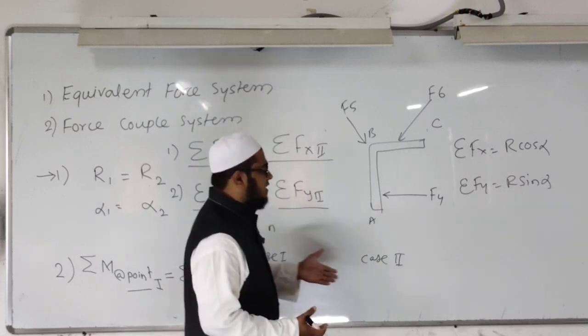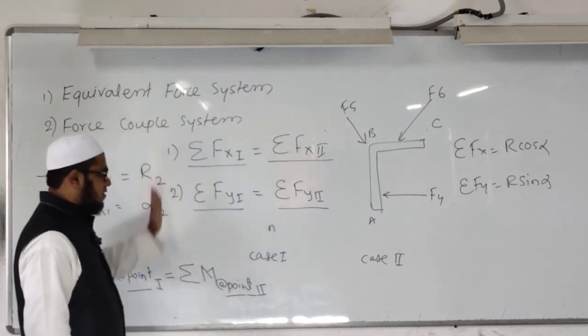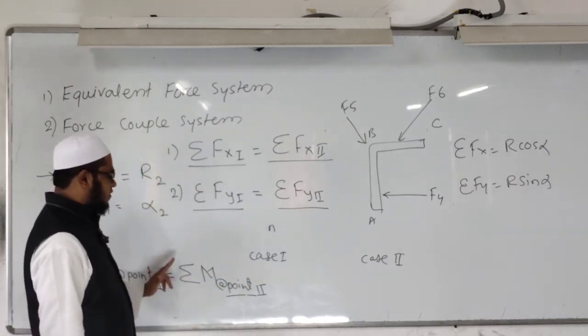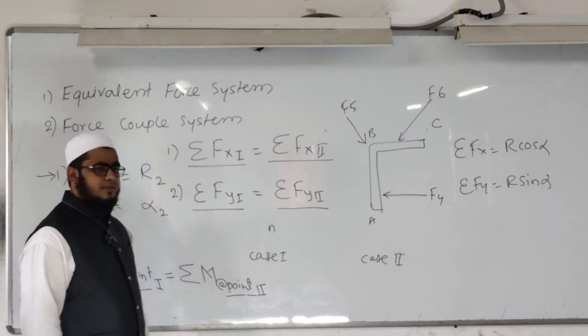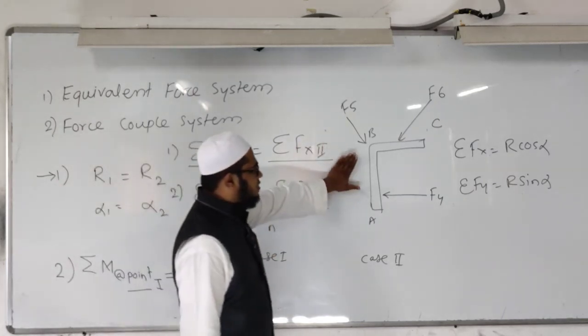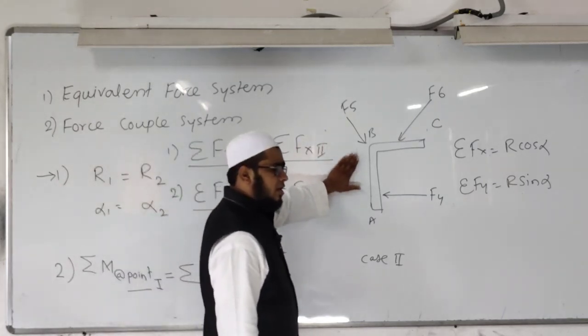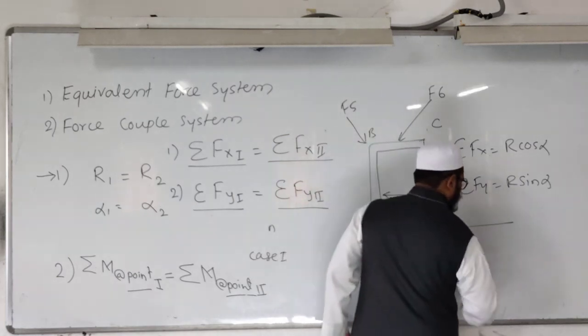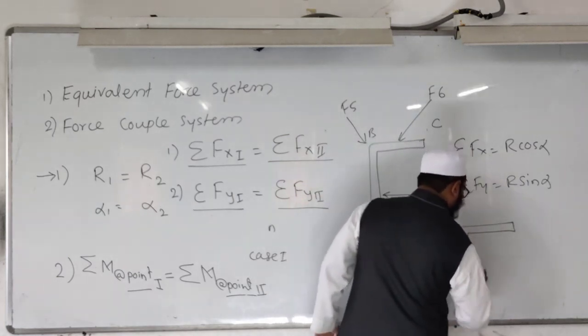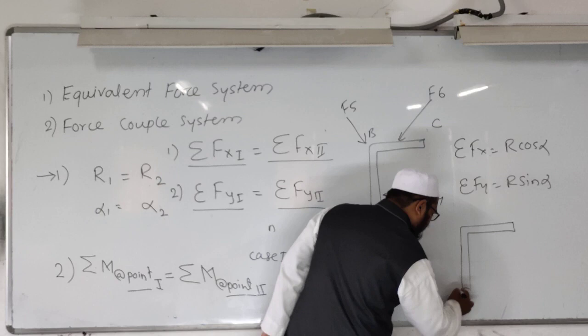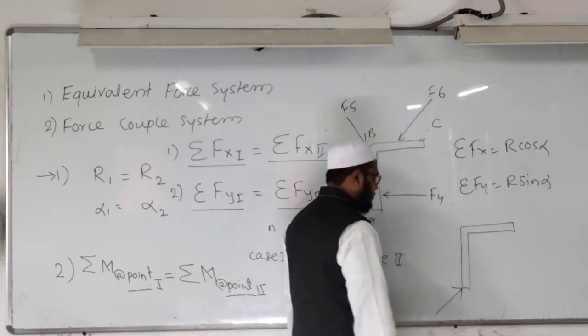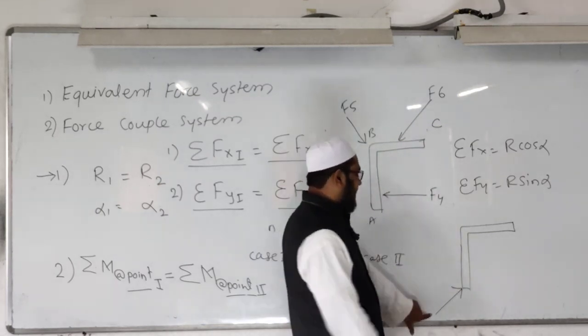We will use these three conditions of the equivalent force system. This force system is given to us, and they have asked us to obtain another force system in which only a single force is acting at point A.